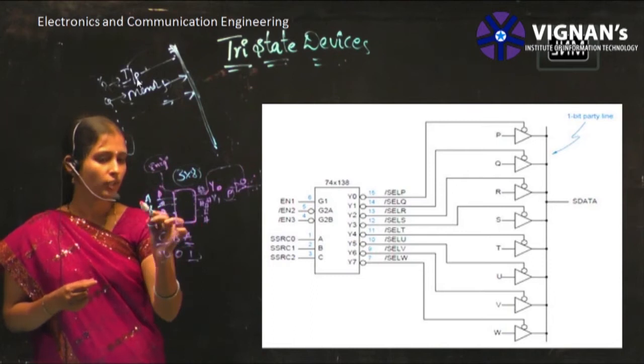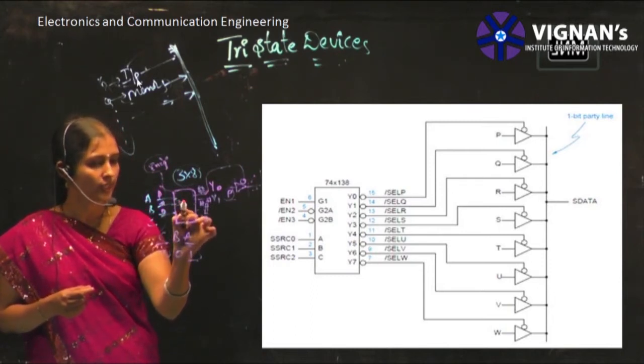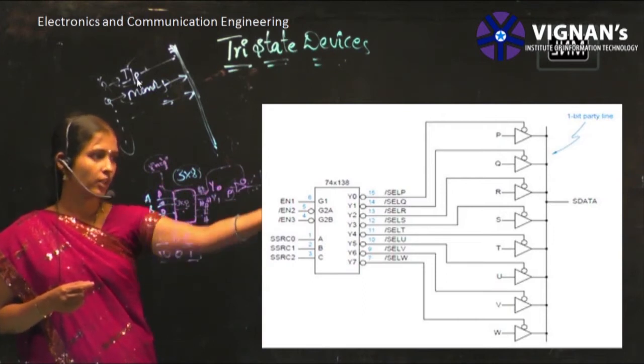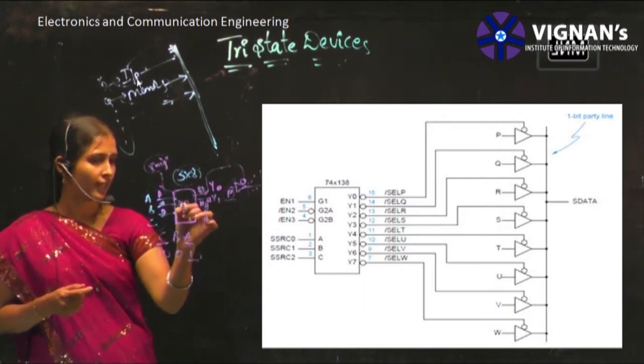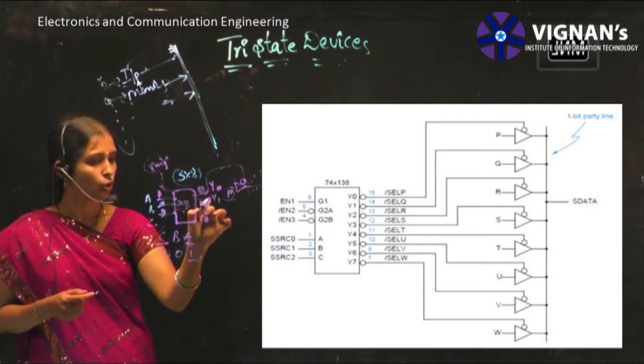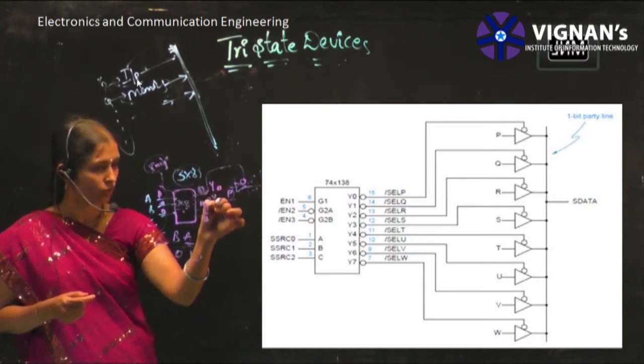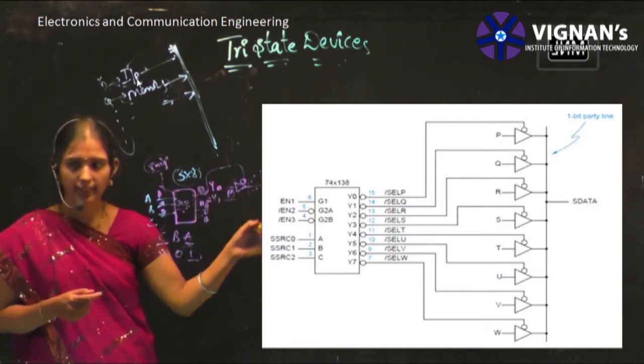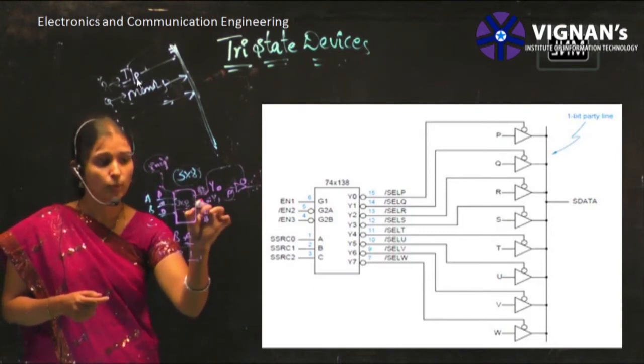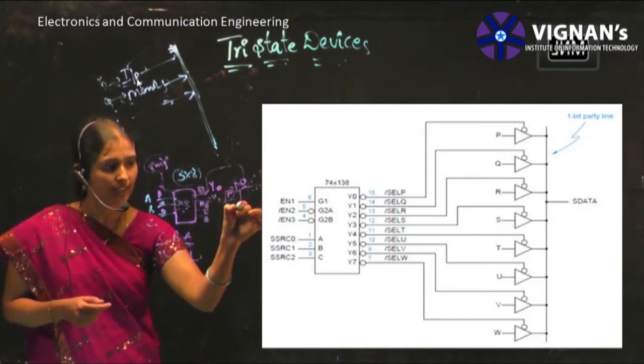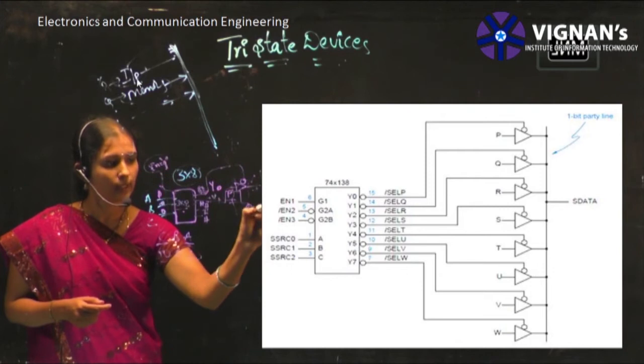That means depending upon your input, as a 3 to 8 decoder has active low signals, from this figure you can observe it. It enables only one signal to be active low and all the remaining will be in active high. That one active low signal will be connected to the enable input of the buffer.